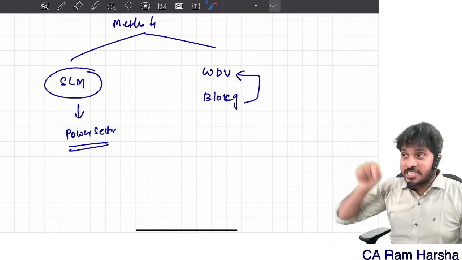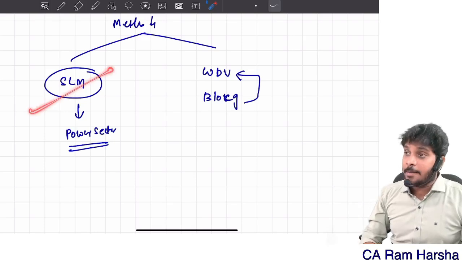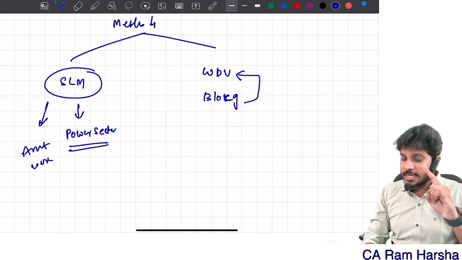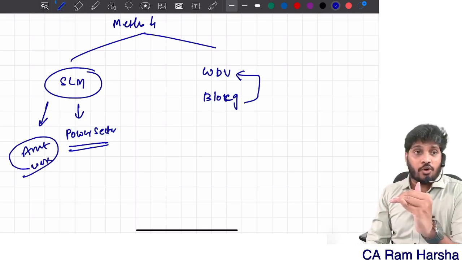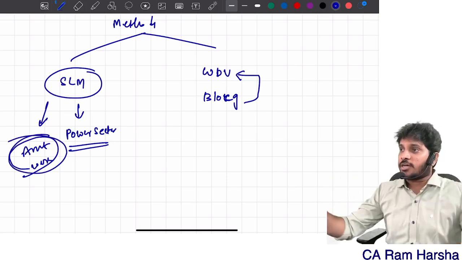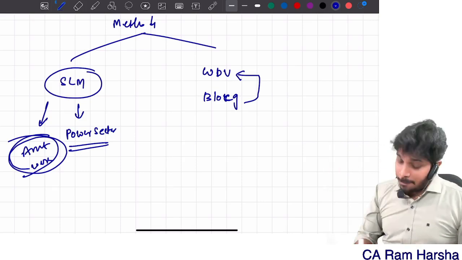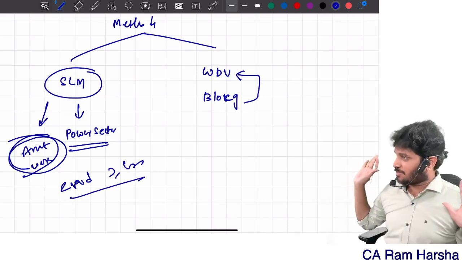In the first year itself, you should tell the department whether you want SLM method. SLM means, again, asset wise. If they choose SLM method, depreciation will be calculated asset wise. Block of asset concept will not apply. But the less than 180 days, more than or equal to 180 days logic we can still apply.